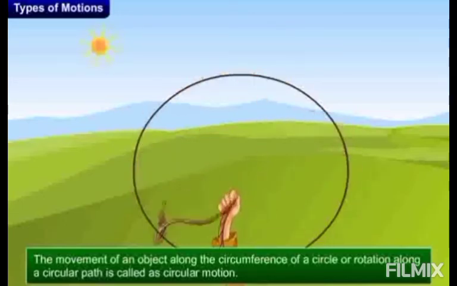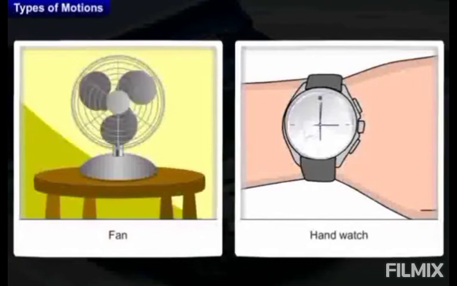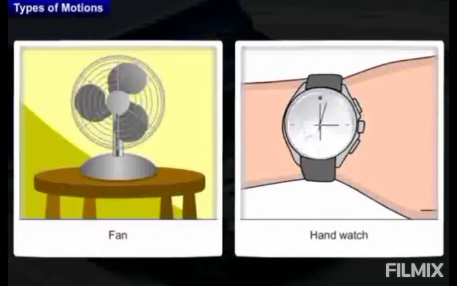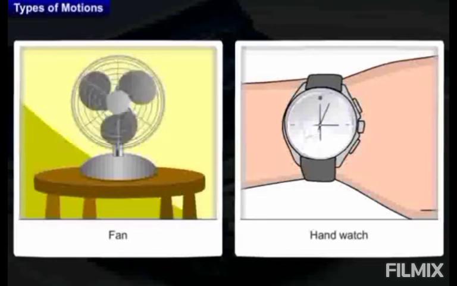That means the object is moving in a circular shape, along the circumference of a circle, or in rotation along a circular path. These types of motion are known as circular motion. The blades of a fan, the needle of a hand watch, etc., move in a circular path.